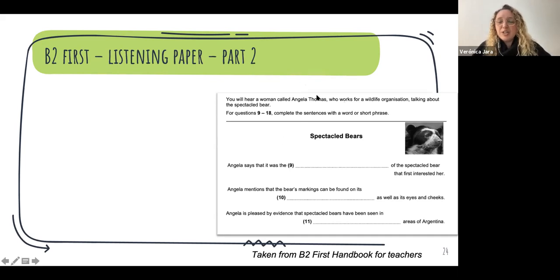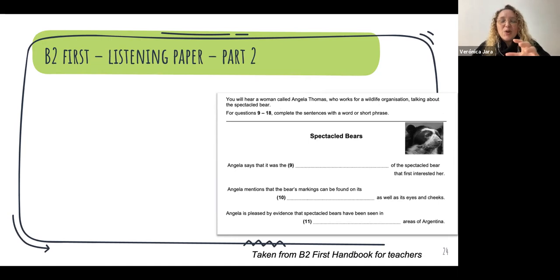For instance, this is part 2, and something I wanted to draw your attention to is that the tasks always have a very brief introduction to the context. In this case, you will hear a woman who works for a wildlife organization talking about the spectacled bear.